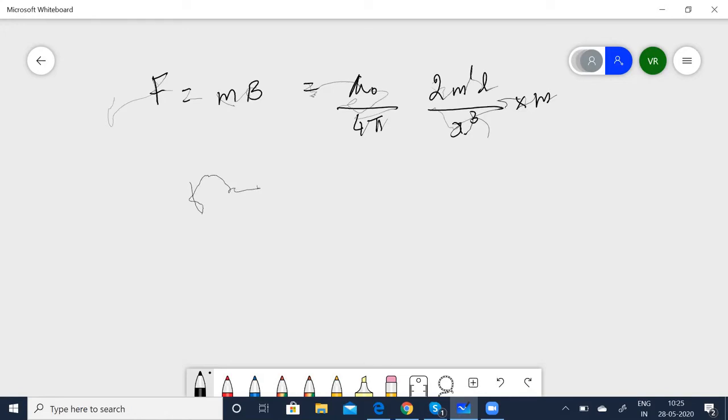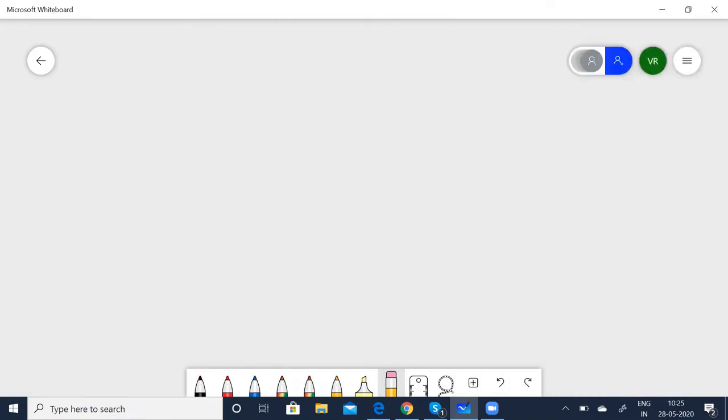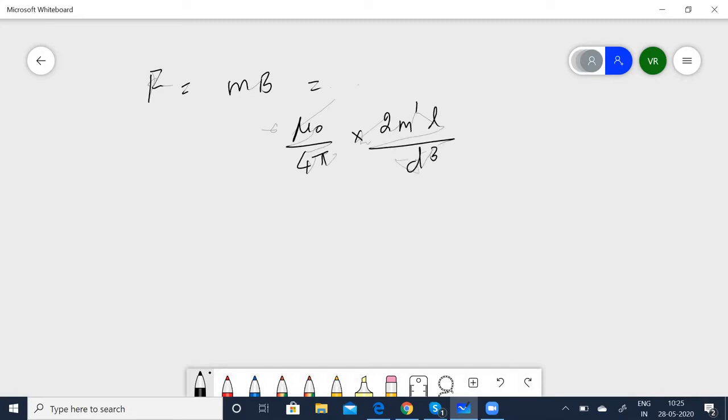Having known all the values, we can now substitute. Sorry, children, I'll do it again. Let me write it first. So F is equal to mB, which is equal to mu 0 by 4 pi into 2 m dash L by d cubed into m.